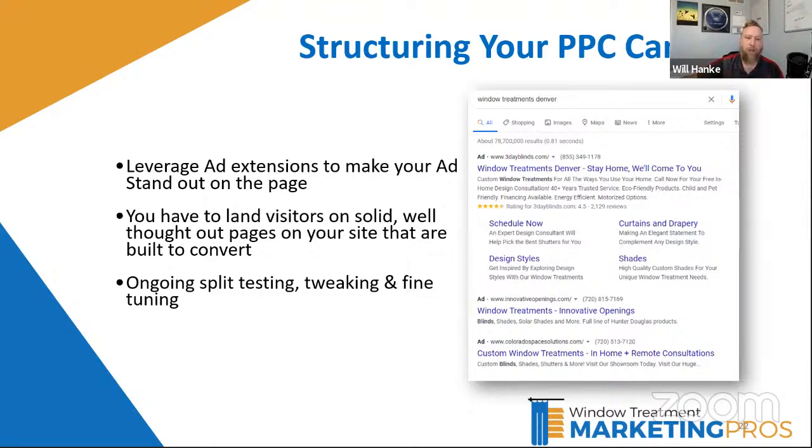And then third, ongoing testing, tweaking, fine tuning. You have to remember that there are competitors out there that are doing the same thing. And if they are tweaking their ads to continually show above you, you can't just throw more money at it to get to the top. You have to be doing some different tweaking to get your quality score up. Google has a quality score system that they watch every ad.